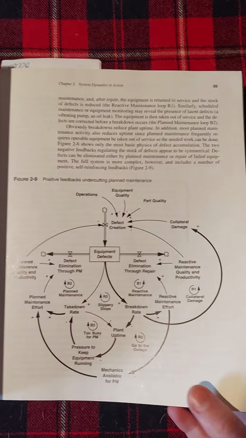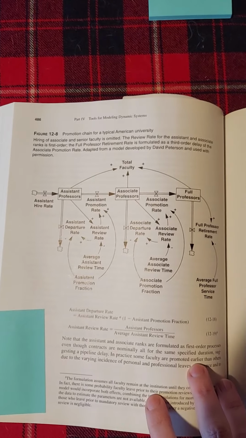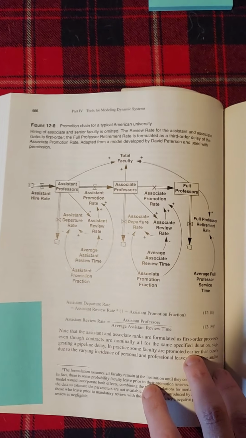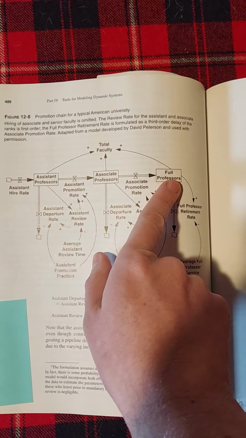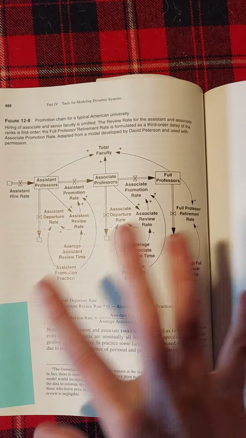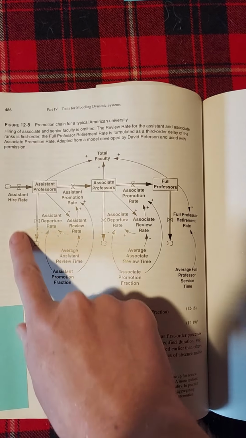I just wanted to give you one other little example here. This is a diagram of how professors move through academic institutions. I liked it because it's got these three different stocks, just to give you an example of other types of things you can do with stock and flow models.